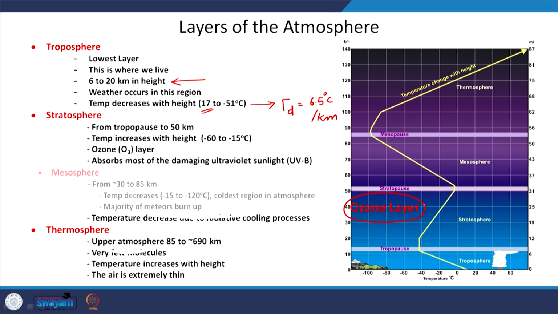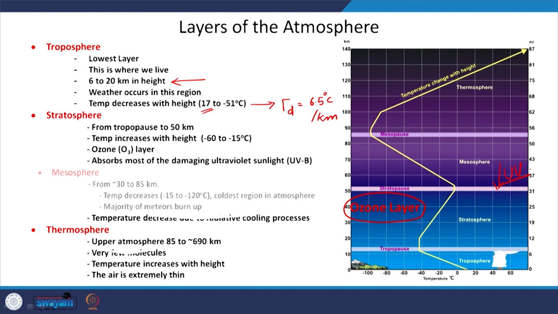Generally what happens is, the oxygen molecule has the capacity to take up the ultraviolet radiation which is coming from the top. This ultraviolet radiation is taken by the oxygen and it gets heated up. That means you have some species which is trapping the heat.